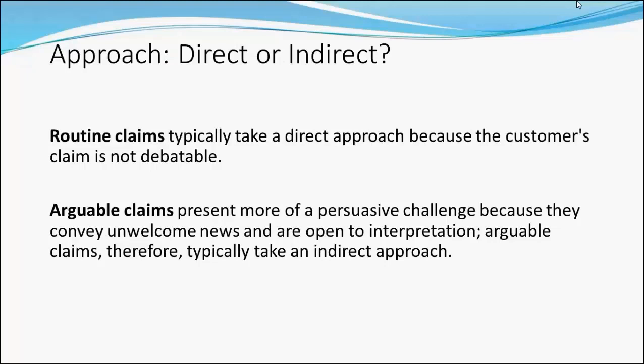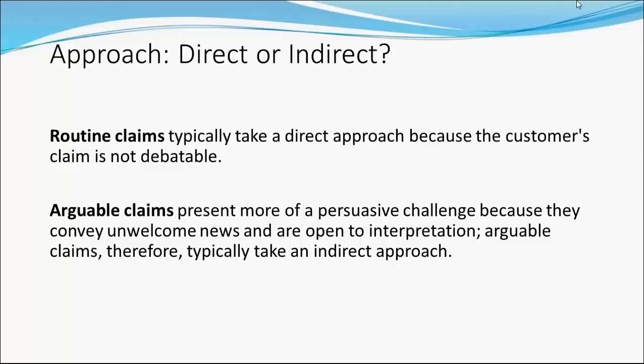The approach, direct or indirect: routine claim letters typically take a direct approach, because the customer's claim is not debatable. It's very clear that he needs compensation, a refund, a changed TV, whatever.